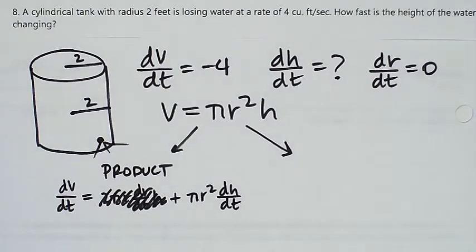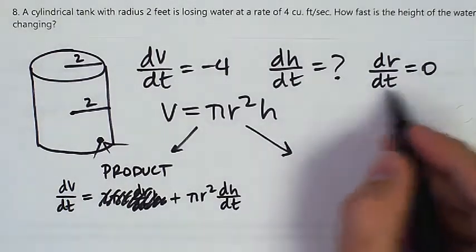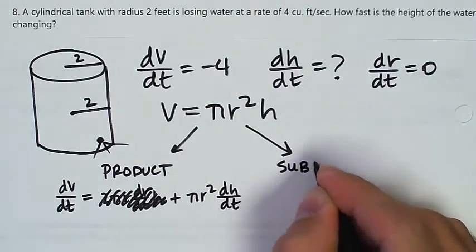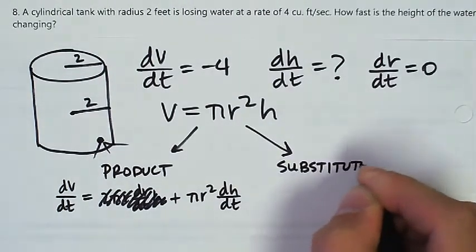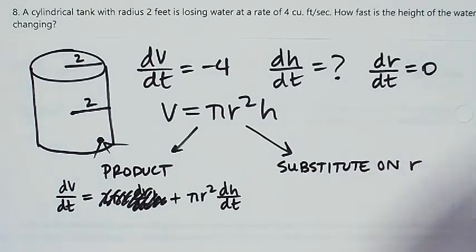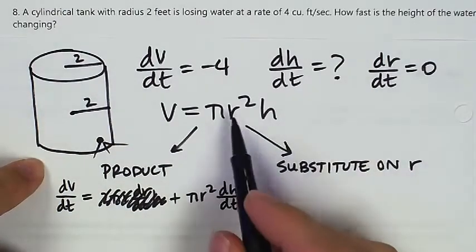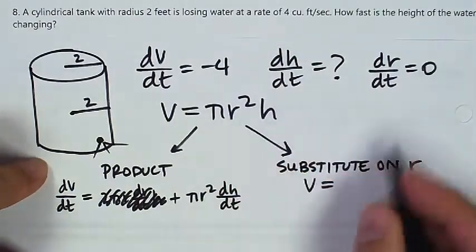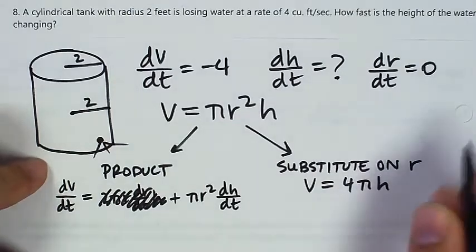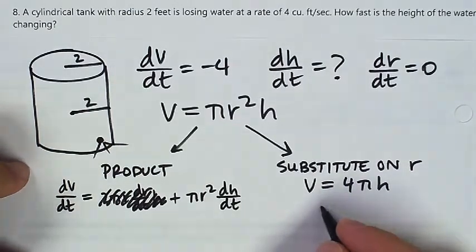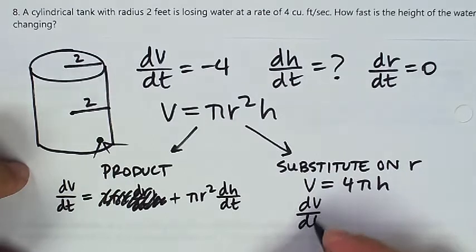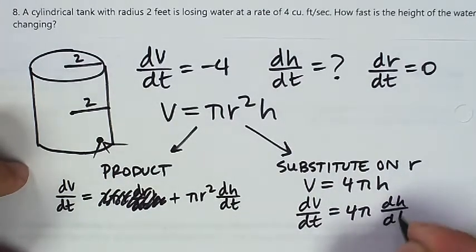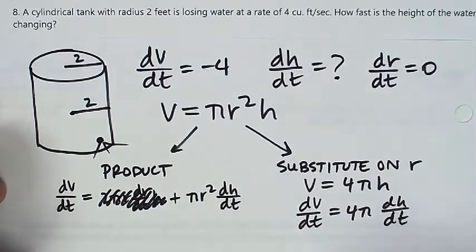Or you could just say, well, if dr/dt is 0, r is a constant, so we could just substitute on r. In that case, we just plug in 4 for r. We say V is equal to 4 pi h. And then dV/dt is equal to 4 pi dH/dt, which is the same thing we're going to get over here when we plug in r equals 2.